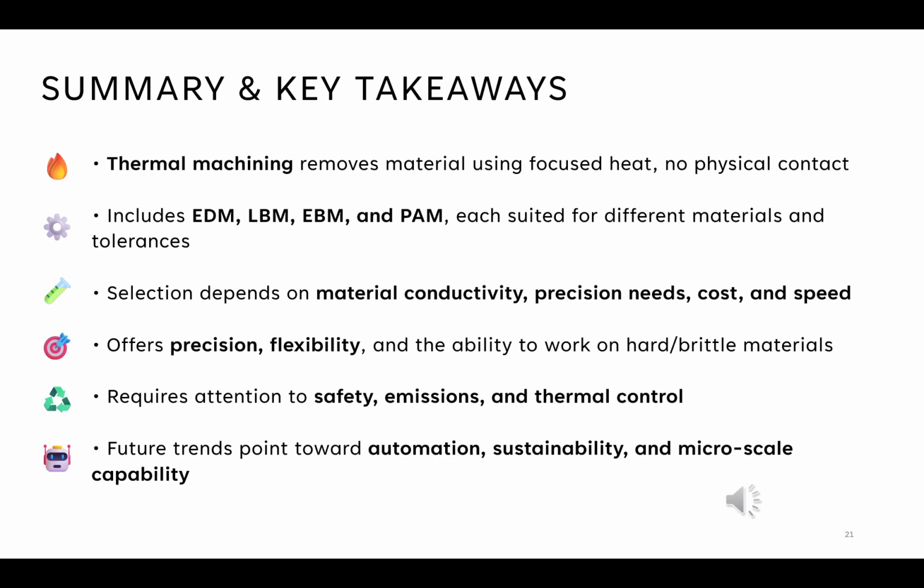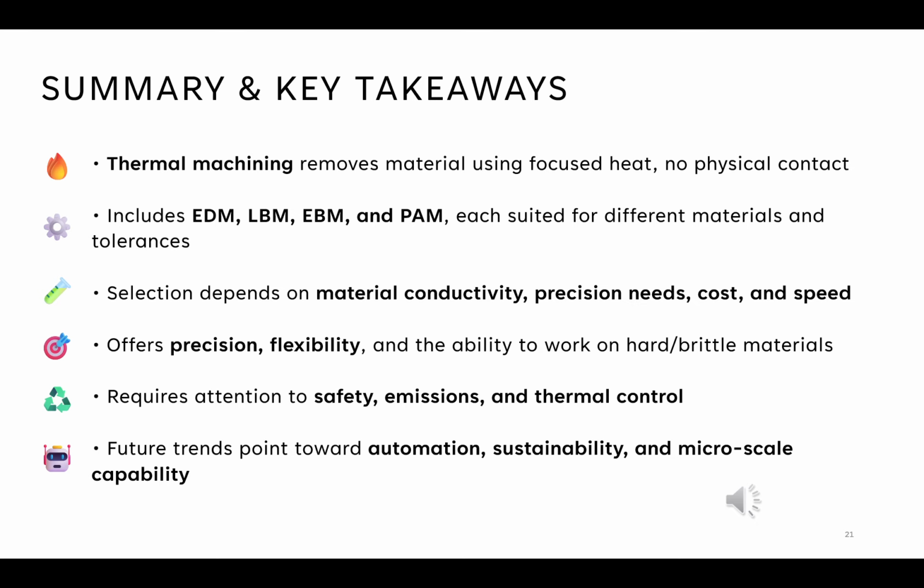To summarize, thermal machining processes rely on intense localized heat to remove material, making them ideal for hard, brittle, or complex components. We covered the four major methods: EDM, LBM, EBM, and PAM, each with unique strengths. Choosing the right method depends on factors like the material's conductivity, how precise the cut needs to be, and whether speed or accuracy is more important.